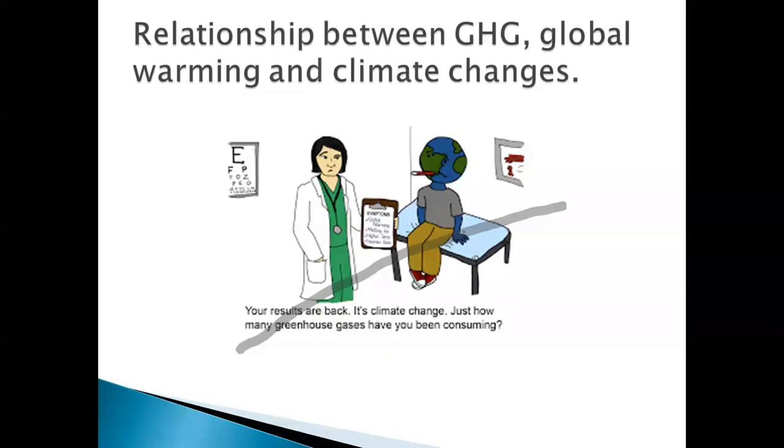Remember, thanks to what does our planet have a temperature of 15 degrees Celsius?